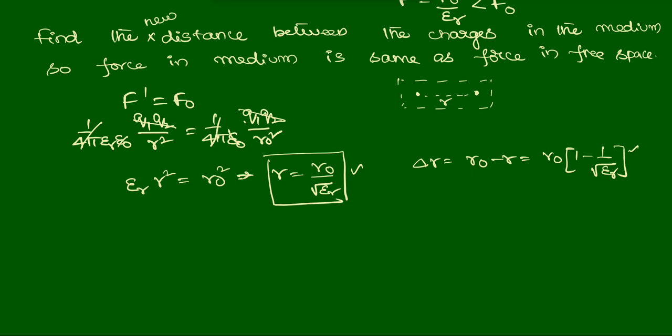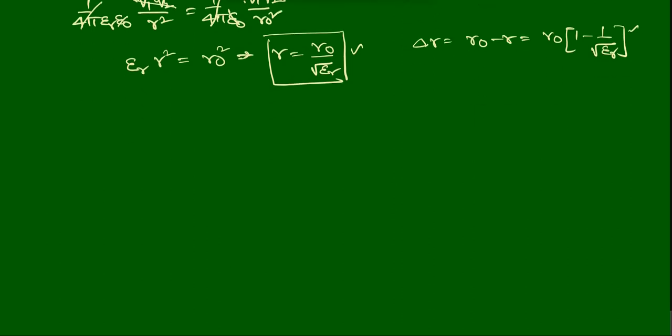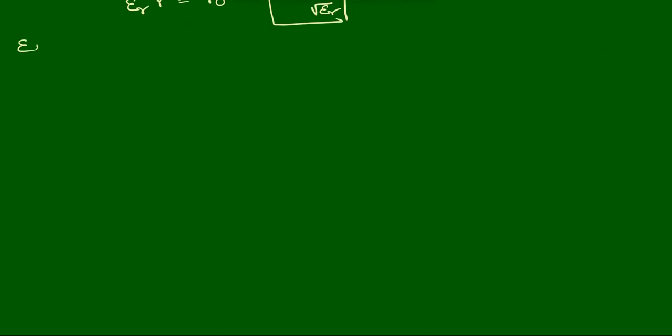Similarly, we have one more interesting example based on this. Just look at this application. Suppose you are given two charged pendulums, both having the same charge, so that they repel, with identical strings of the same length.